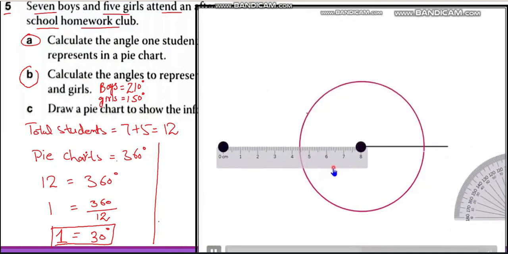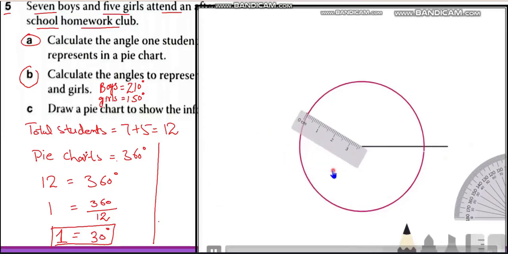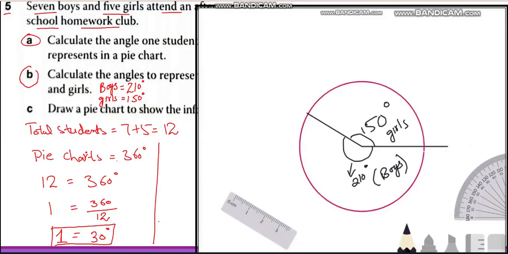So this is how we can draw the angle of 150 degrees, which is for girls, and the remaining angle will be for the boys, means 210 degrees. To make it more clear, we can erase this extra line. Now let's proceed to the next question.